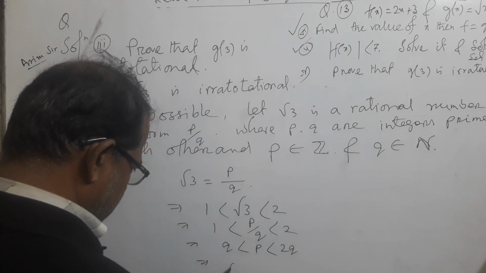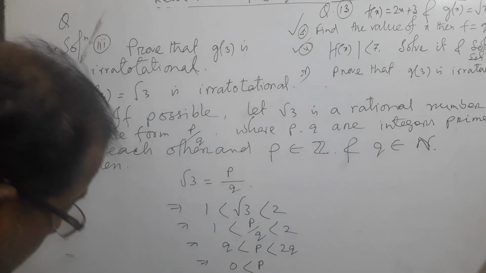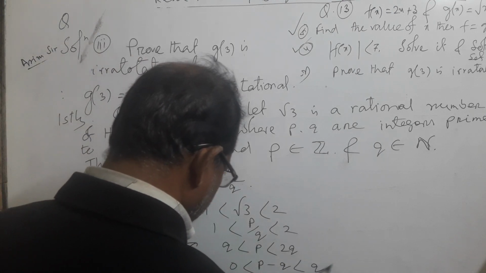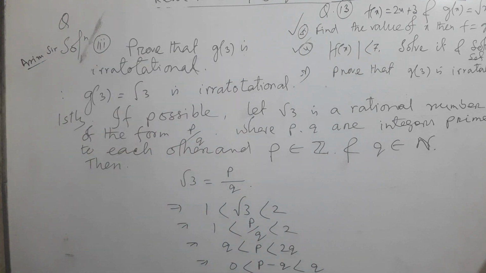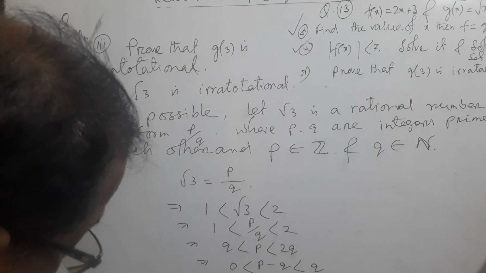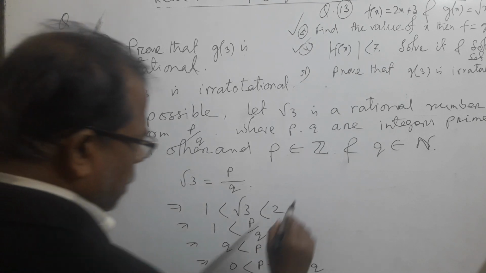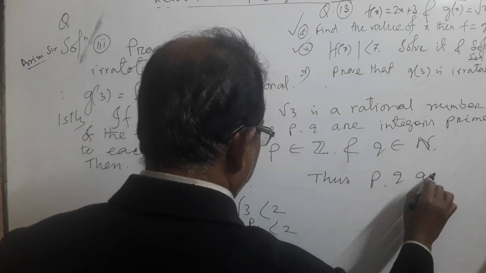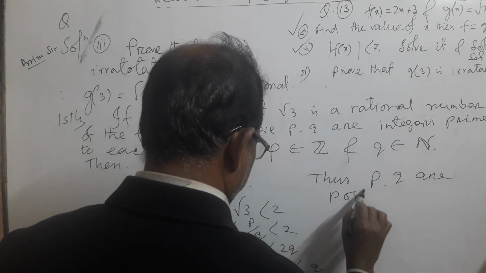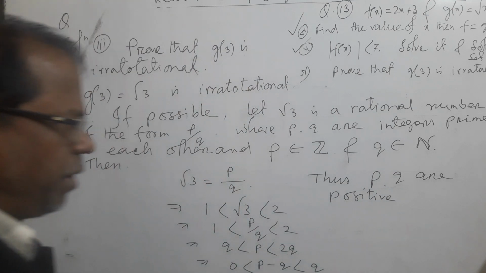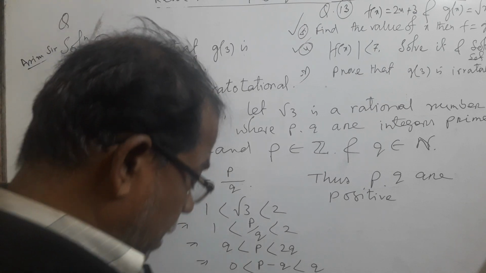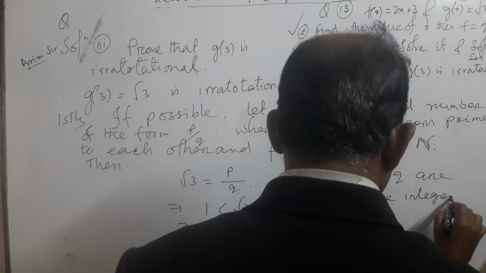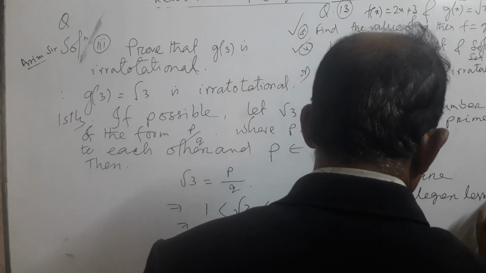That implies 0 is less than p minus q, which is less than q. Thus p minus q is a positive integer less than q.